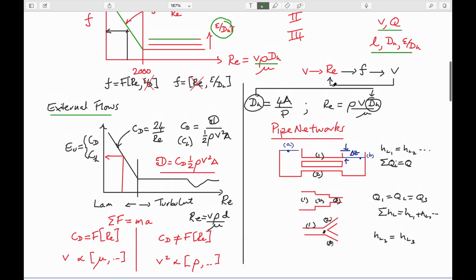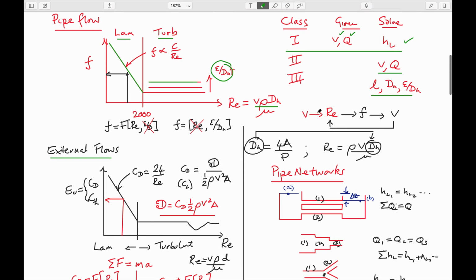The solution procedure is to assume a velocity and calculate a Reynolds number. From that Reynolds number, get a friction factor. Check from the head loss equation what the velocity is, and then recalculate the Reynolds number, recheck the friction factor, and so on. So that's kind of the closed circuit in evaluating that.